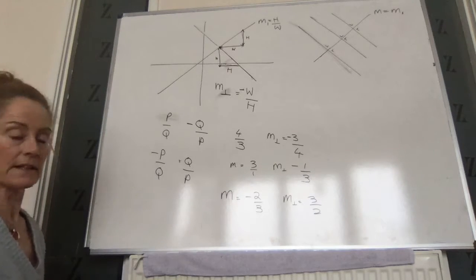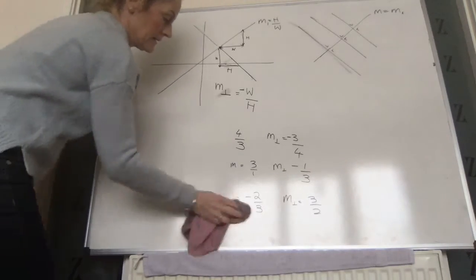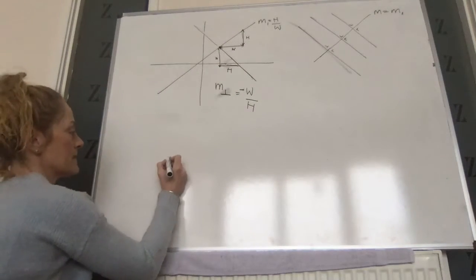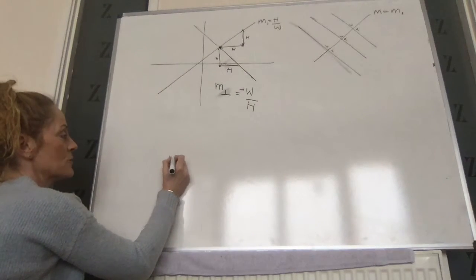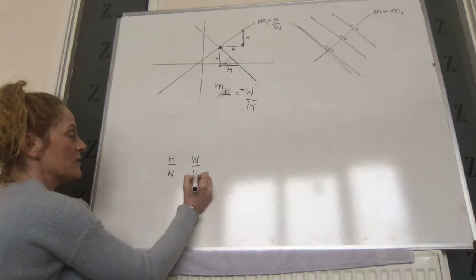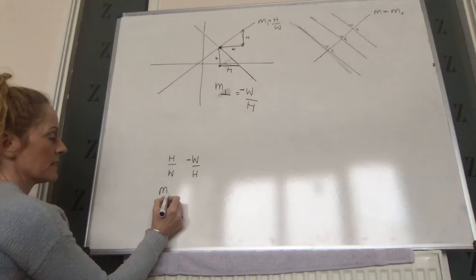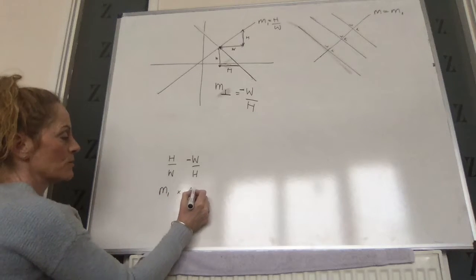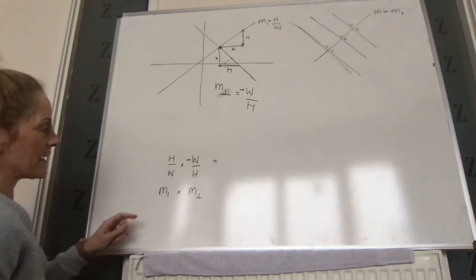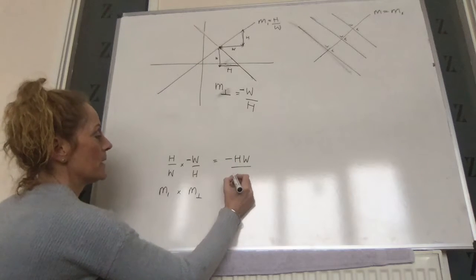Okay, and the final thing to note, if two lines are perpendicular, and if we agree that the slope of one is h over w, then the slope of the other one is w over h, and it is minus it. What happens when you multiply the slope of one line by the slope of the line perpendicular to it? Your rules for fractions, top by top, over bottom by bottom.